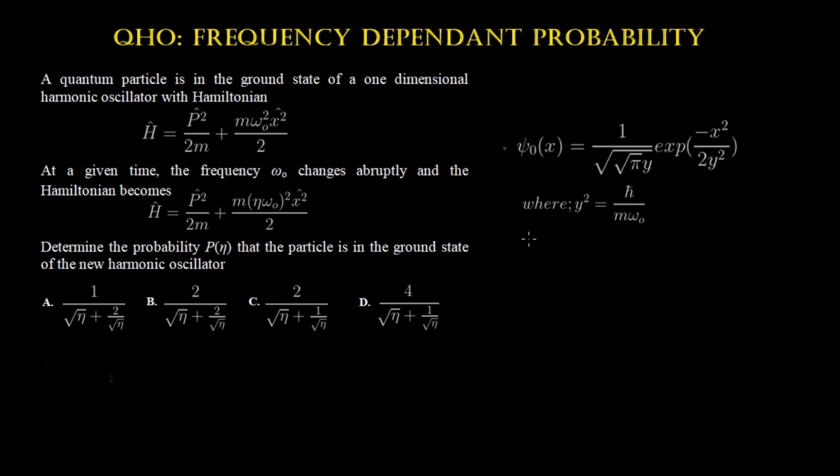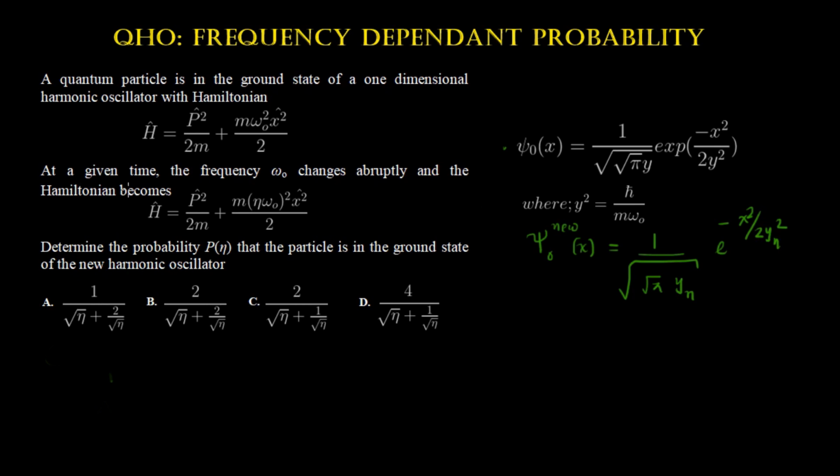I'm going to write the state of that system as psi naught of eta. The new wave function will be scaled like this, with one over the square root of pi yn, because y depends on the frequency. As omega changes to eta omega, y changes to yn, and we get exponential of minus x squared divided by 2 yn squared. Okay, so how to find the probability is the next question.